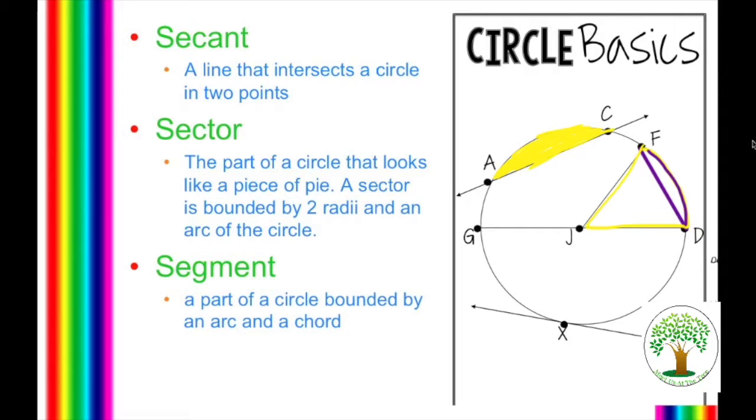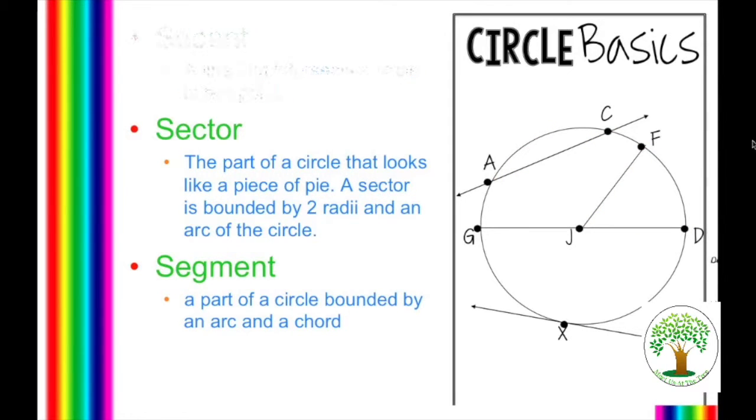I think that looks a whole lot like a pizza with the crust. That segment is the crust of the pizza. So this is like all of the toppings, and the sector is the whole piece of pizza, and the segment is the crust. Pie, or the crust on the pie. That's correct. Blueberry pie is the one I have there. I got like a raspberry pizza pie thing going on here.